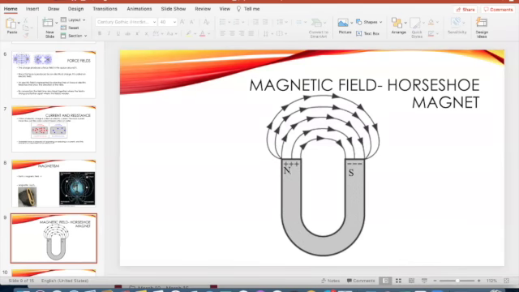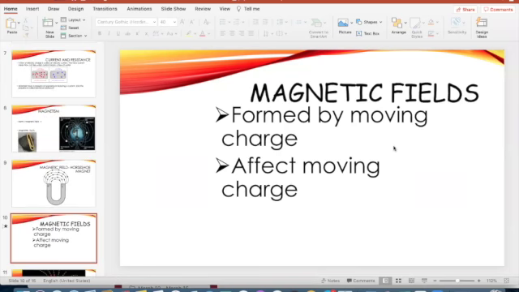So the flow between positive and negative is outward from positive, inward to negative. That is the magnetic field horseshoe magnet illustration here.